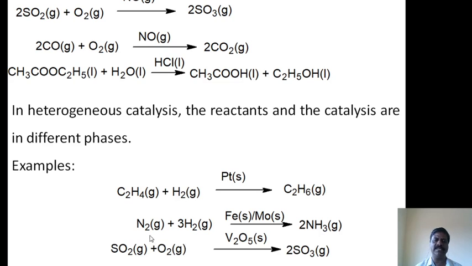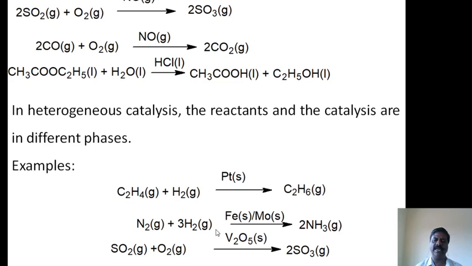Another example is nitrogen gas and hydrogen gas, which mix with each other in the presence of iron. Iron is a solid, and molybdenum acts as a promoter, while iron usually acts as the catalyst. The catalysts are in the solid state and the reactants are in the gaseous state, and they form ammonia.